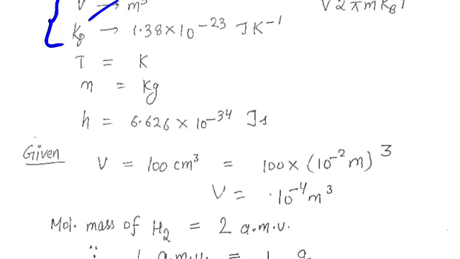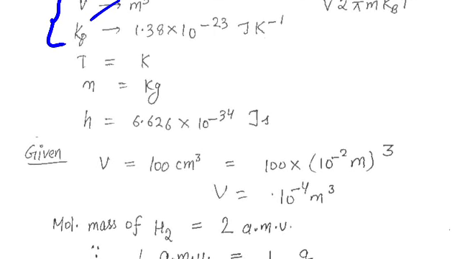First of all, what is given to us is the volume in centimeter cube, so we first need to convert it to meter cube. 1 centimeter is 10 raised to the power minus 2 meter. So we put the value and get the volume equals 10 raised to the power minus 4 meter cube.